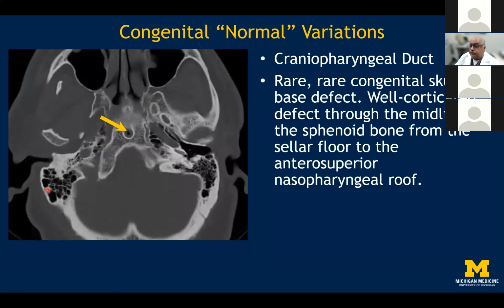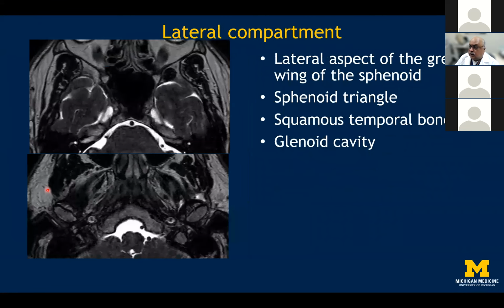Several normal variants occur, and they have been described in the literature, and one of the most common ones is the craniopharyngeal duct. It's a rare condition, but should be mentioned because it is often mistaken as a pathology. In the lateral compartment, the landmarks include the Meckel's caves in the greater wing of the sphenoid bone, and also the osseous elements.